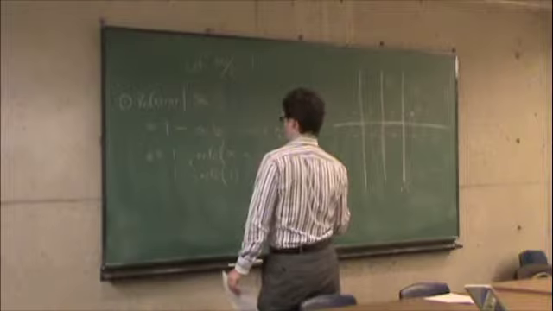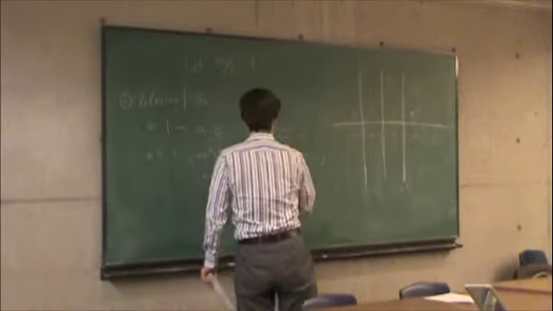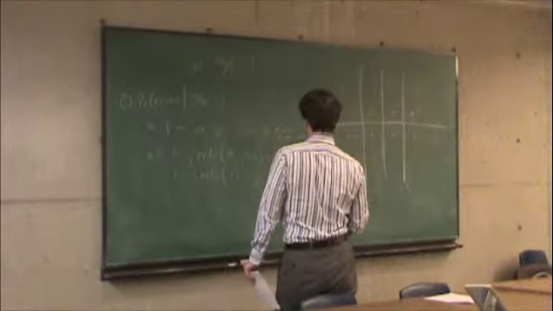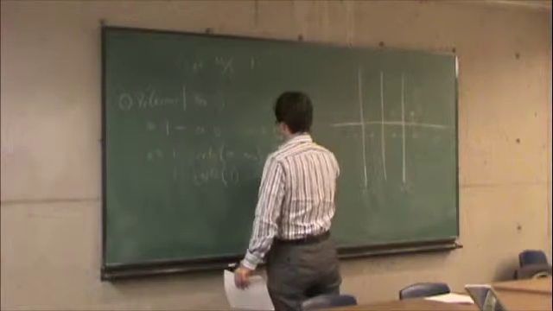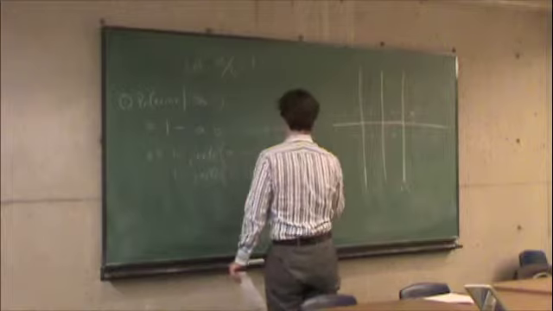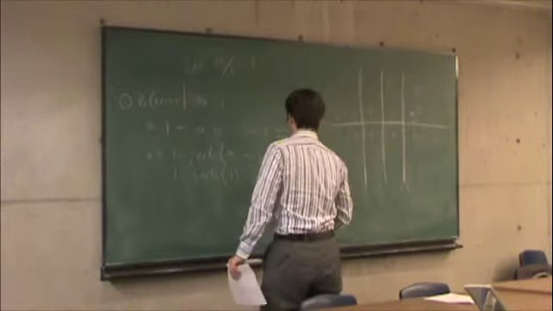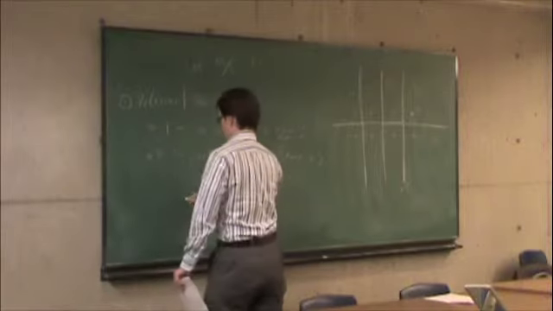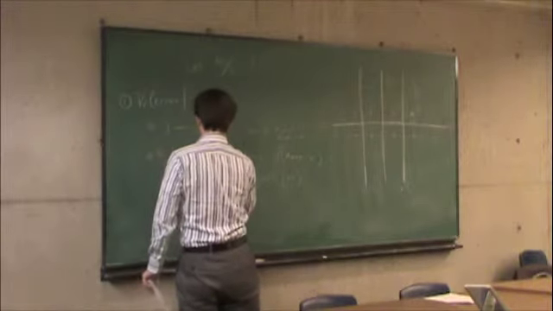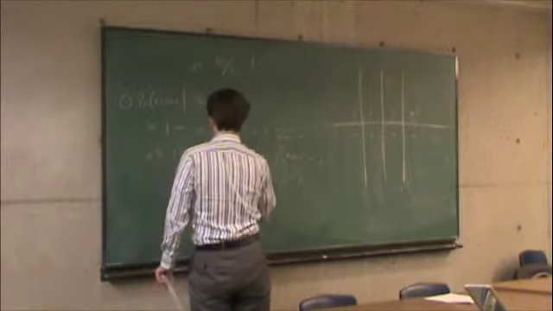minus 1/2 of, oops, this should be erfc, 1/2 erfc of infinity minus 3, which is infinity. Erfc of infinity is what? 0. So this is 1 minus 1/2 erfc of 1.